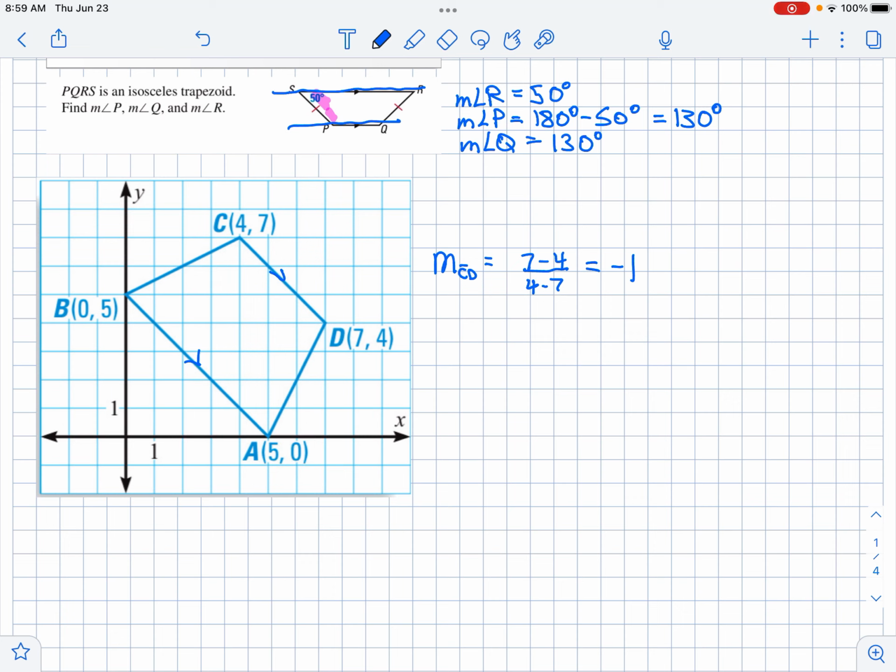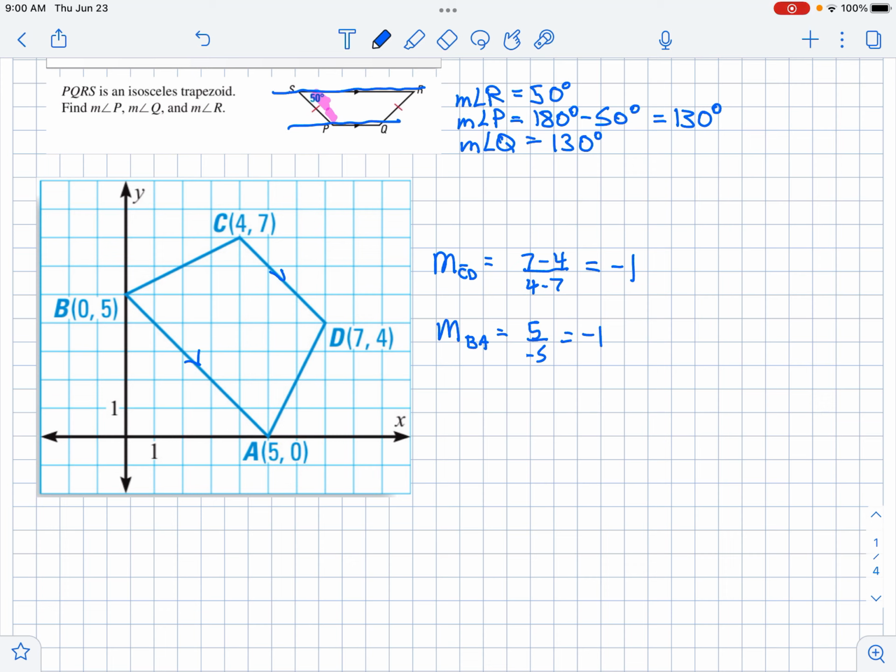Now let's see what the slope of BA is. Change in y's, this is going to be 5 over negative 5, which gives us negative 1. So yes, this is a trapezoid. It's a quadrilateral with exactly one pair of parallel sides.